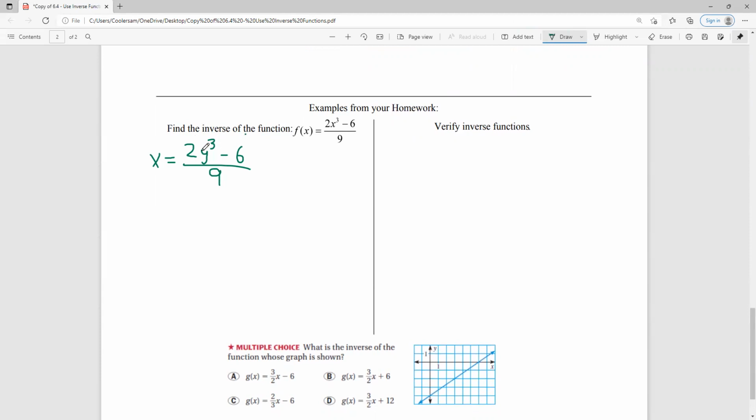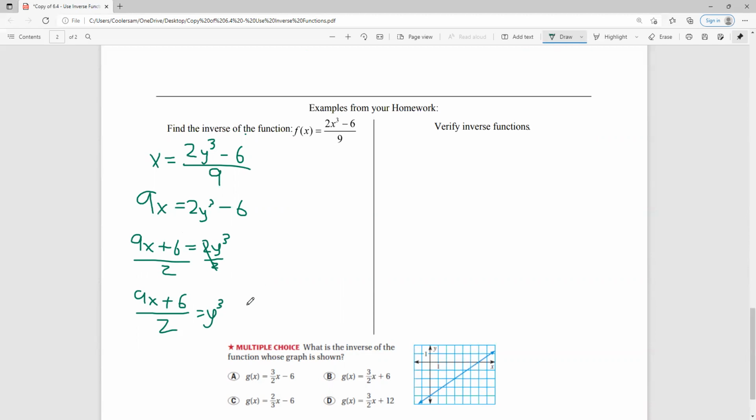So solve this for y. Multiply both sides by 9, so we get 9x equals 2y to the power of 3 minus 6. Add 6 to both sides. Divide by 2. 9x plus 6 over 2 equals y to the power of 3.